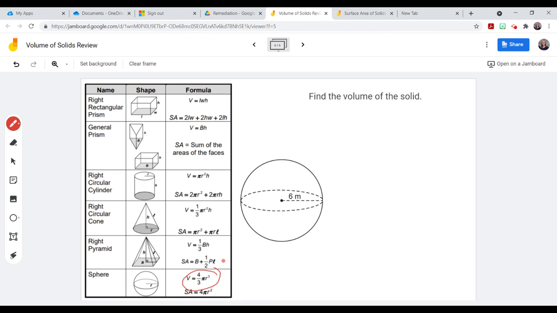So I use my volume of a sphere formula. Volume equals 4/3 pi r cubed. 4/3 pi. My radius is given. It is 6, cubed. I multiply all those together, and I get approximately 904.78 cubic meters.